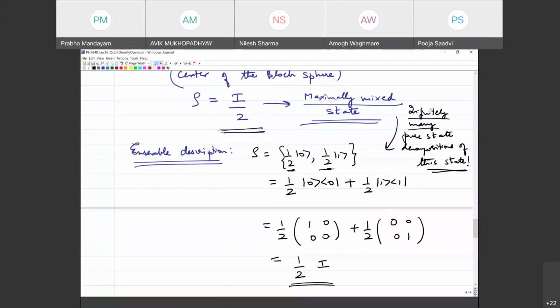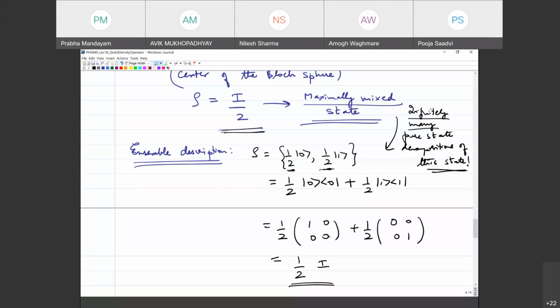So note that the identity operator itself is not a state. Why is the identity operator itself not a valid density operator? Trace is 2, right? Correct. In order to make it a valid density matrix, we have to put this factor of half.